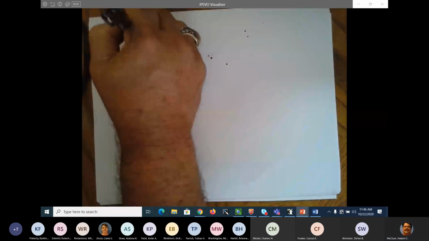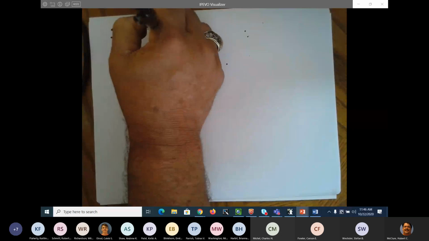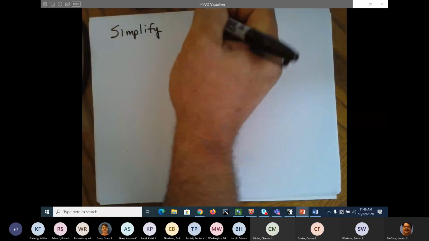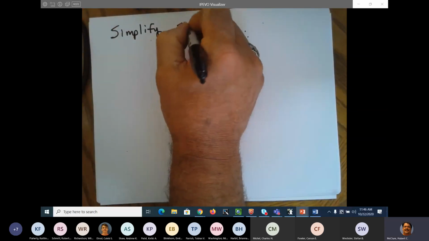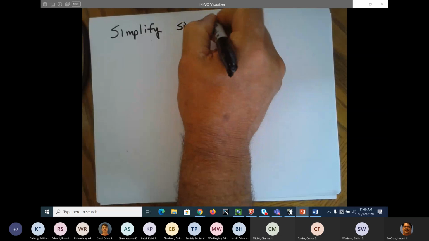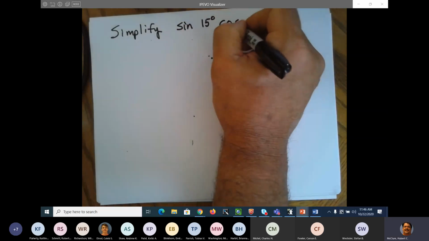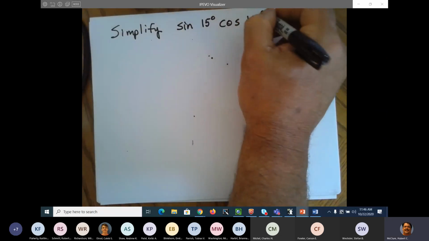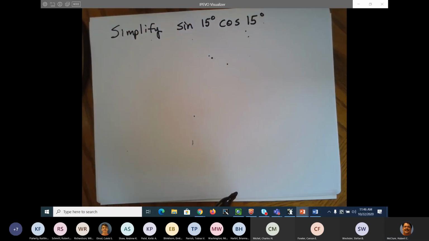Simplify sine of 15 degrees, cosine of 15 degrees. Same setup. Go ahead and take a minute and finish that one using the double angle identities.